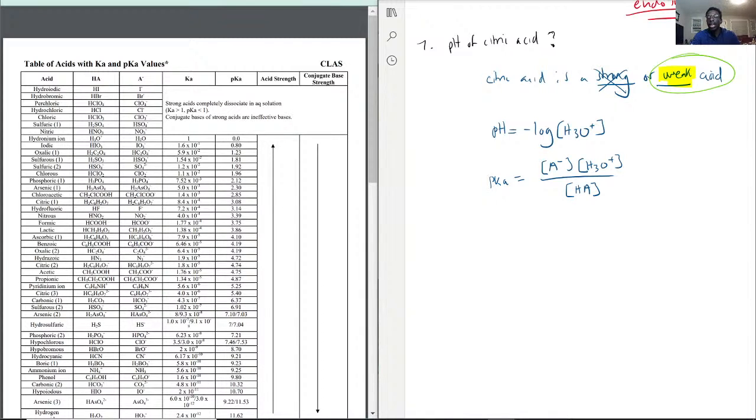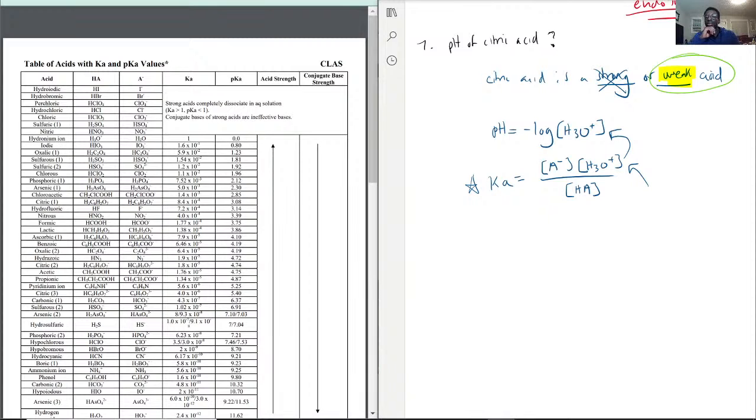In this case, HA is the citric acid concentration. Sorry, it's not pKa, it's just Ka, because pKa is something completely different. So Ka is equal to that. Now we need to first find this concentration here before we can plug it in to get our pH. This right here is the grunt of the work.